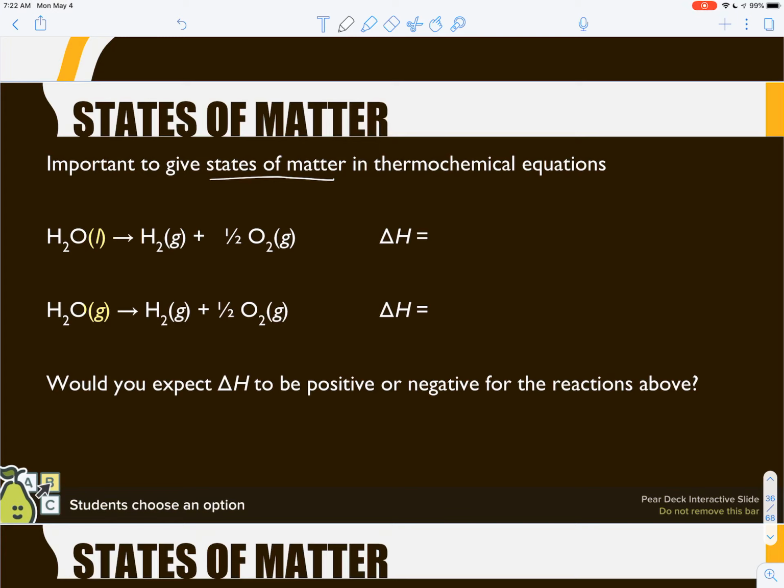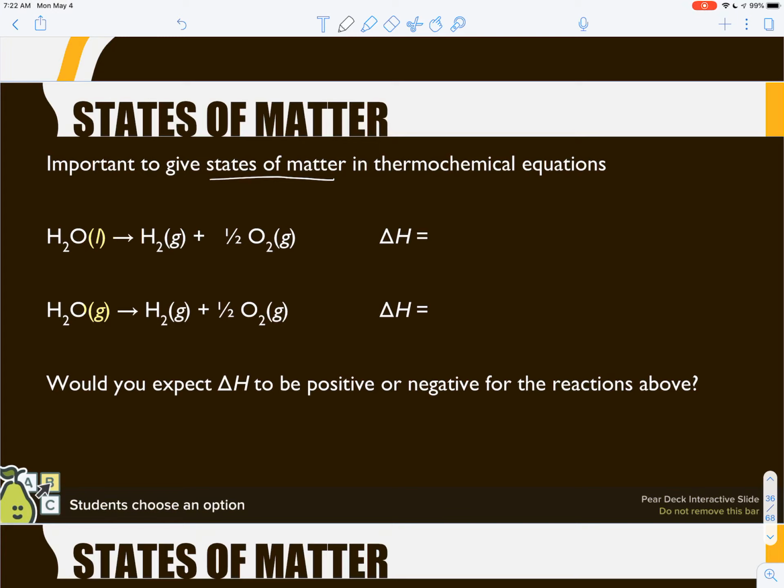Okay, so this is a question that might take a second to process. The vaporization of 1 mole of liquid water to water vapor at 25 degrees Celsius requires how much heat? What we notice in these two reactions is that both of them have this happening, right? Gaseous water becomes gaseous elements.